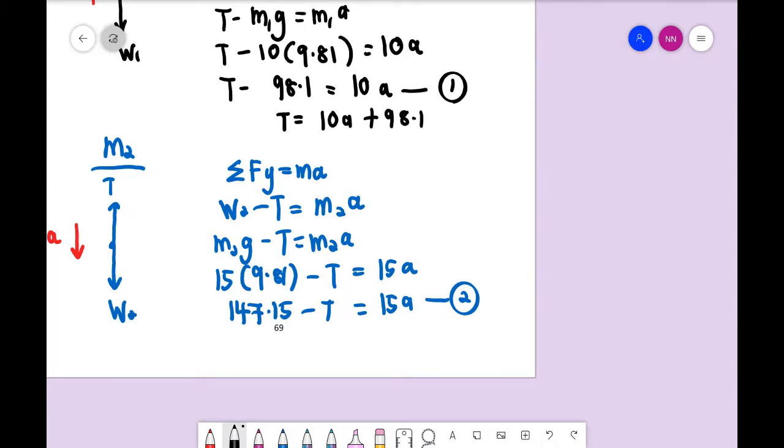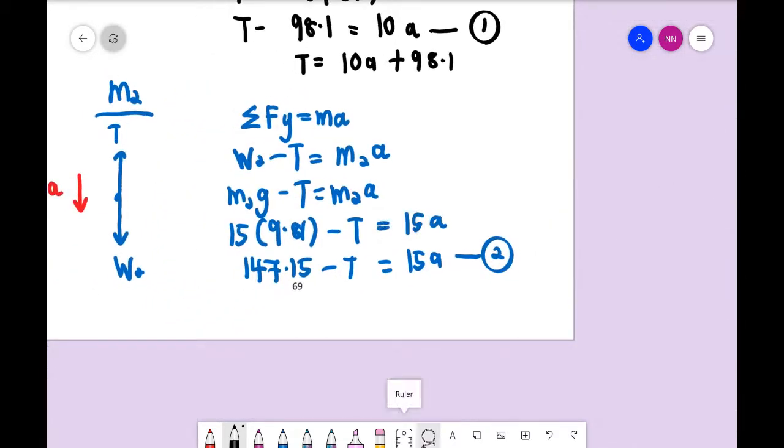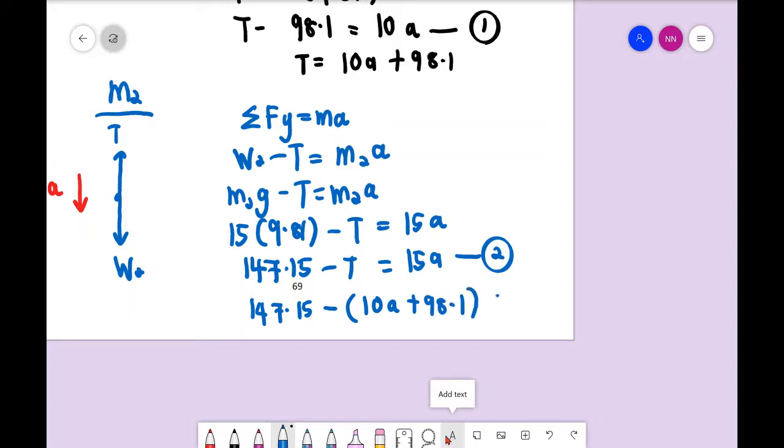So substitute equation 1 into equation 2. 147.15 minus T, which is T is 10A plus 98.1 equals to 15A.